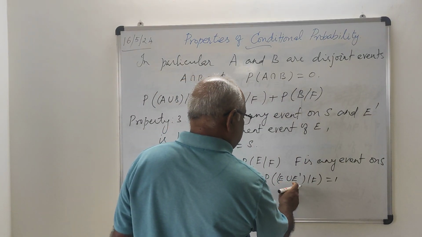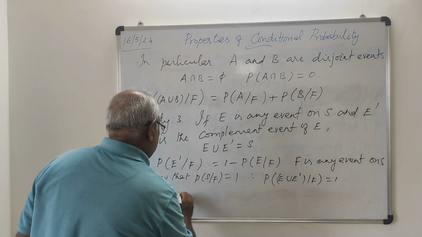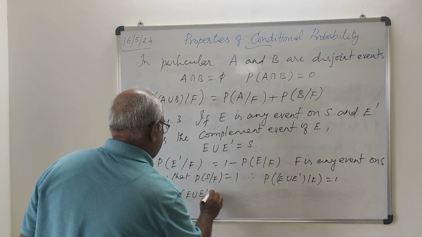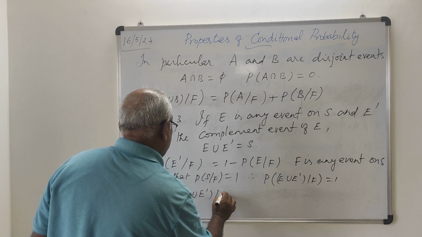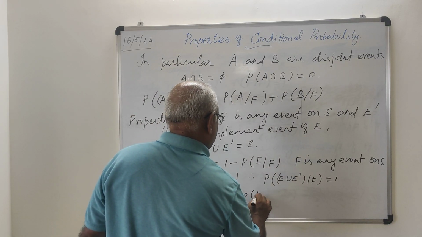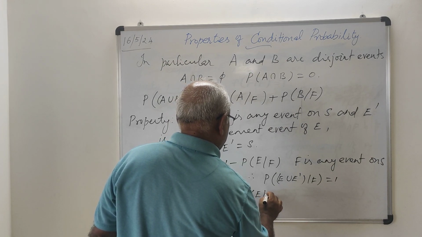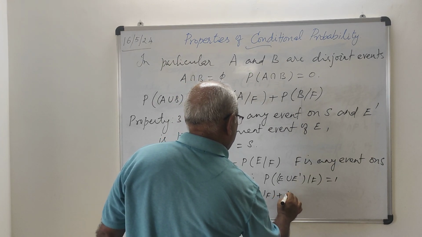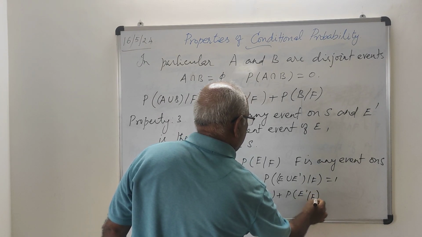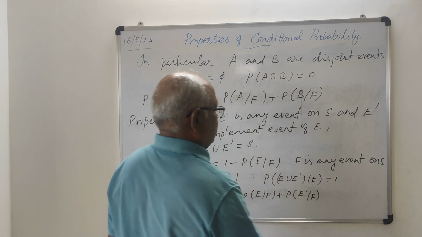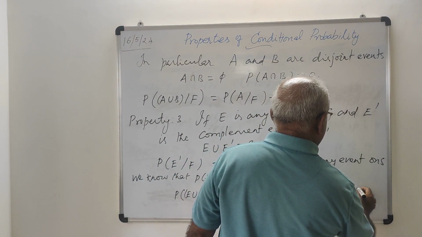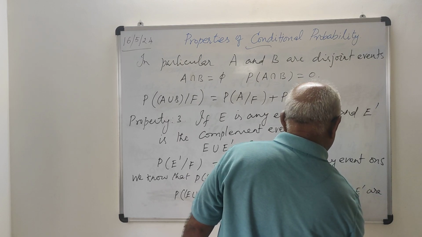Since E and E dash are disjoint events, P of E union E dash slash F is equal to P of E slash F plus P of E dash slash F, because E and E dash are disjoint events.